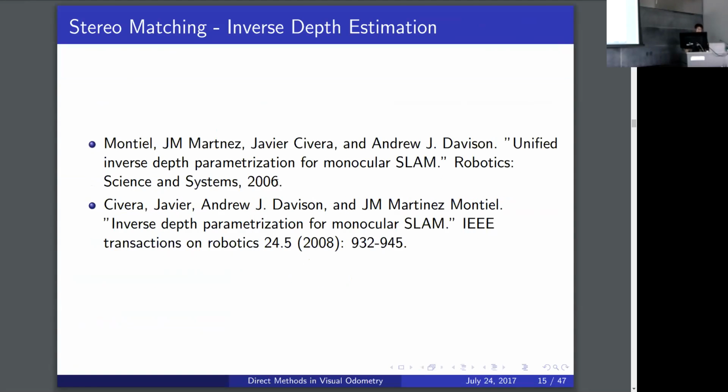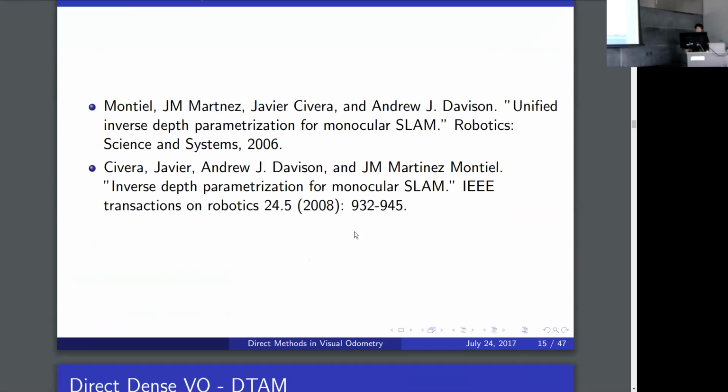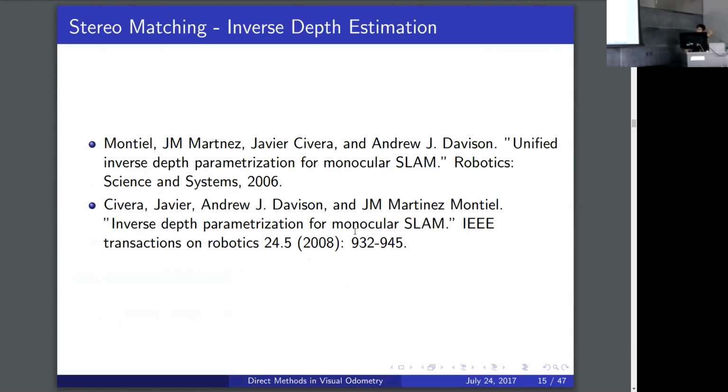estimation. If you want to know more about why in the video we use inverse depth, these two papers are the go-to places. Throughout this lecture series, we'll be talking about inverse depth estimation.